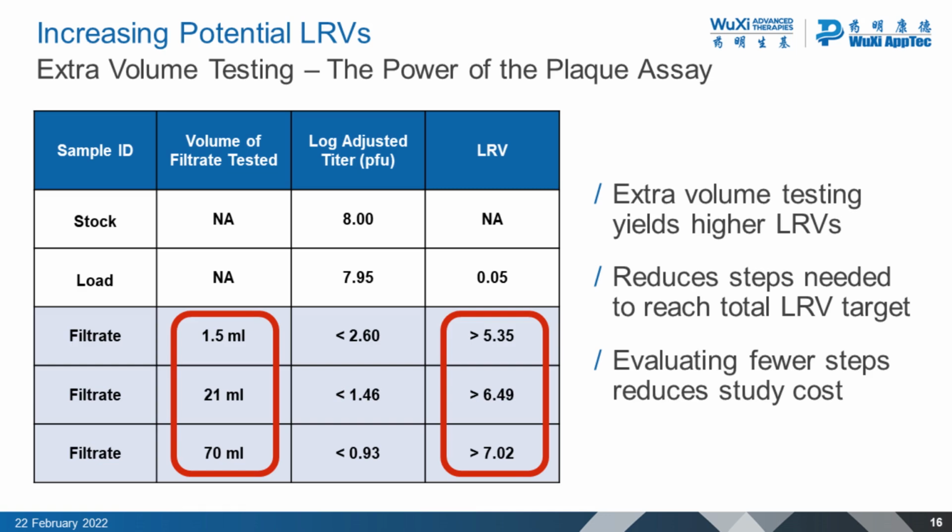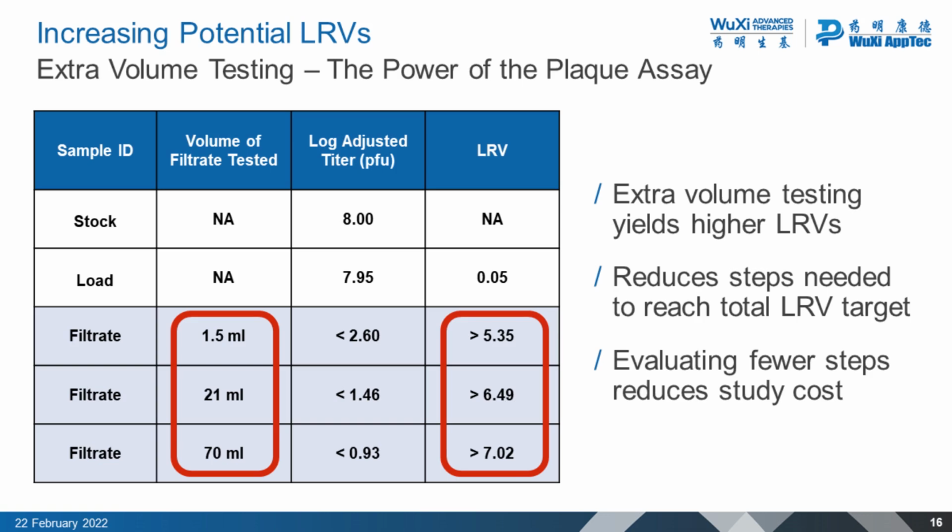We can see the benefits of large volume testing in this slide. The first volume of the filtrate sample shown is the standard volume tested in the plaque assay. When about 8 logs of virus is in the load sample, we may see 5.3 logs of virus reduction with the standard 1.5 mLs tested. When you increase the volume tested, the amount of log reduction will also increase, assuming there's little to no virus.